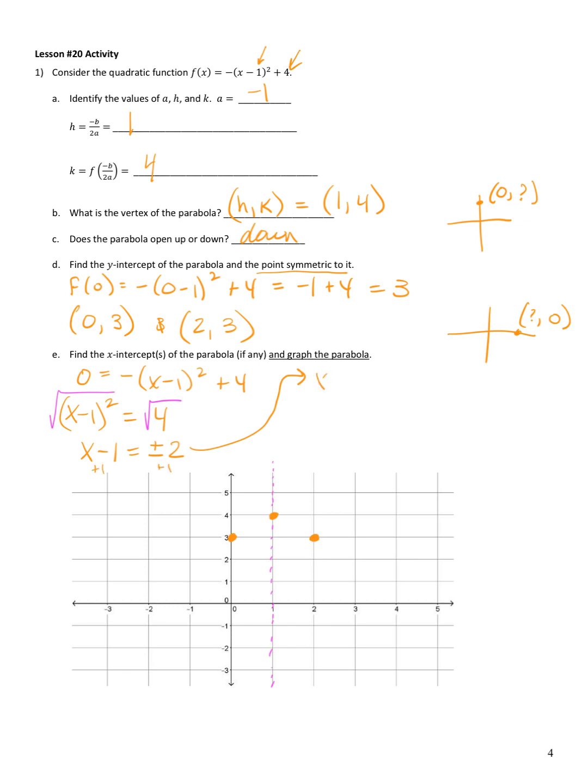Okay, so I get x equals, if x minus 1 is positive 2, plus 1 is 3. And if x minus 1 is negative 2, plus 1 is negative 1. So my x-intercepts happen at 3 and at negative 1. And then I connect with a nice smooth curve.